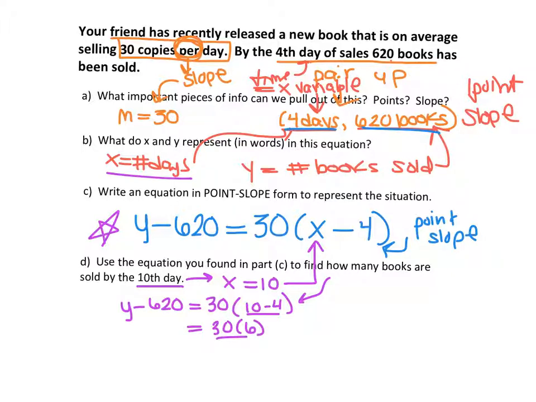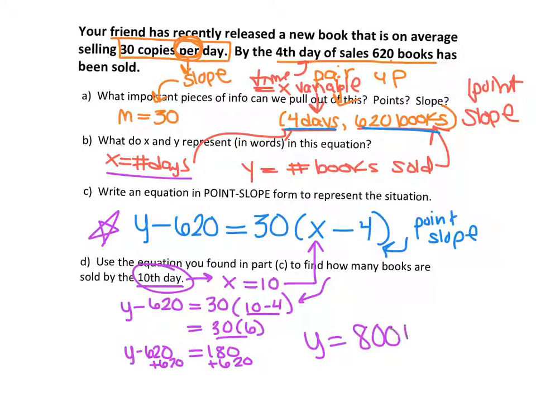And then I'm going to perform the multiplication. So I have 180. So here I have y minus 620 is equal to 180. I then want to get y by itself, so I'm going to add 620 to each side. And here I find out that at the 10th day, we have sold 800 books.